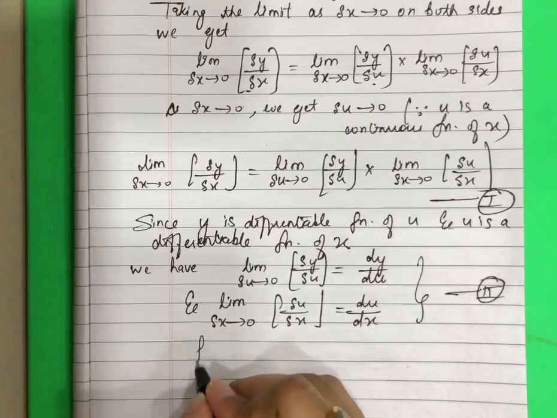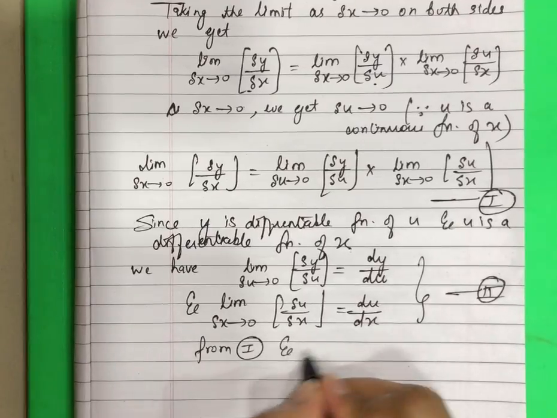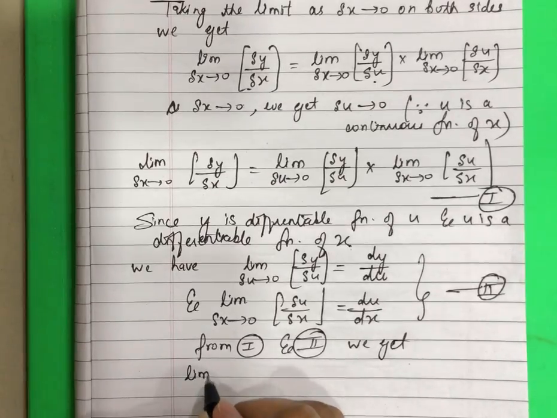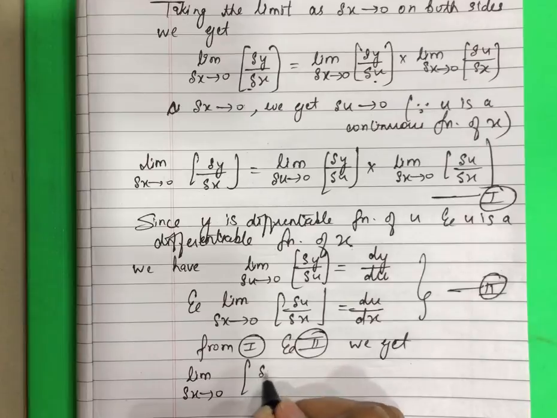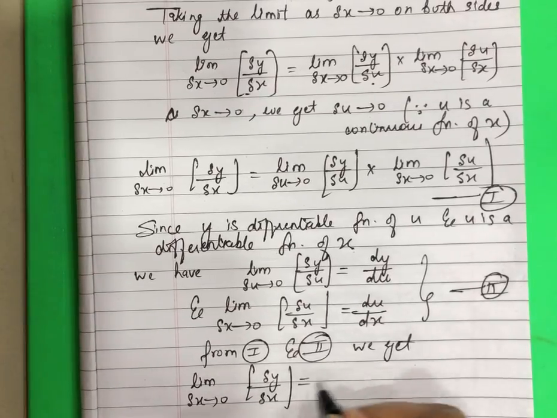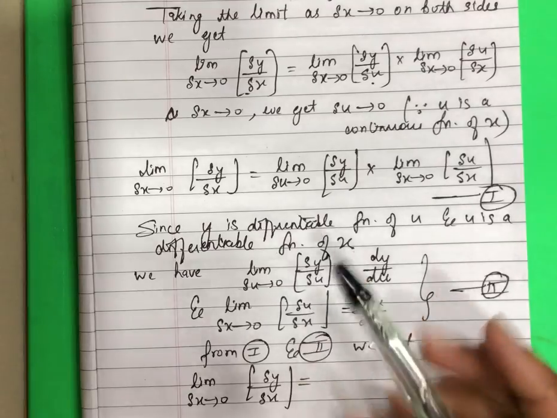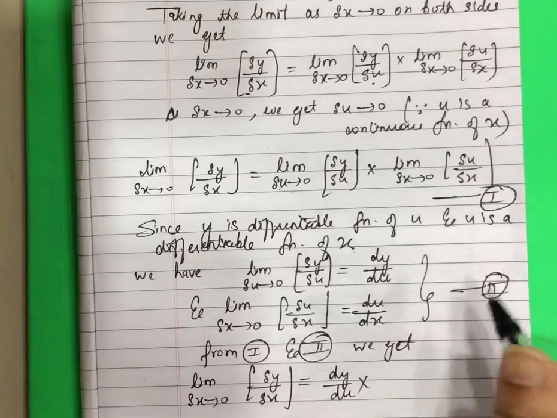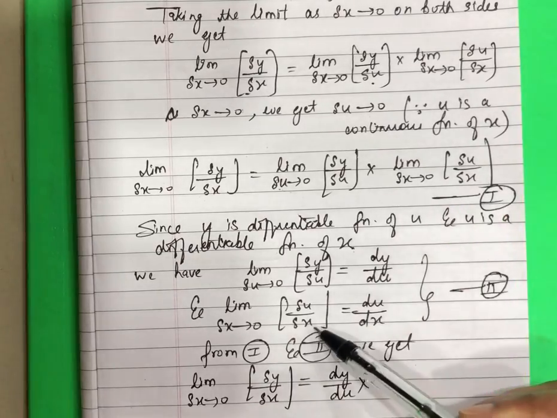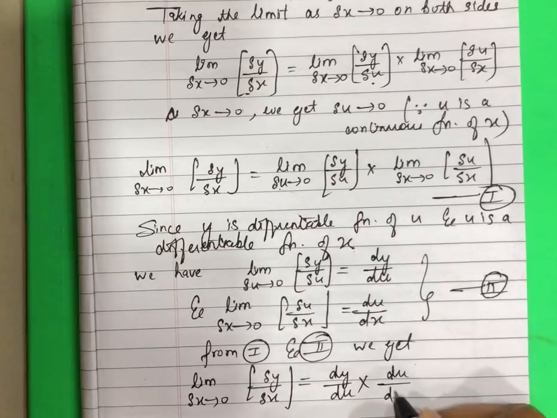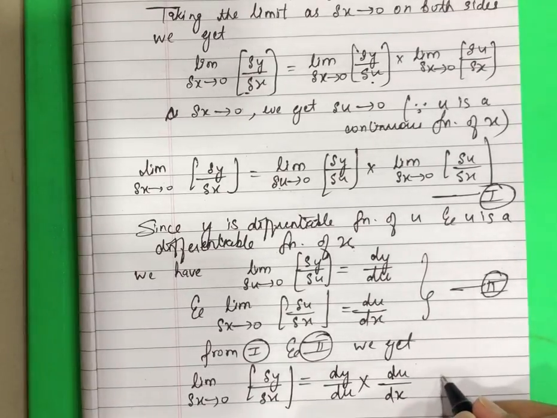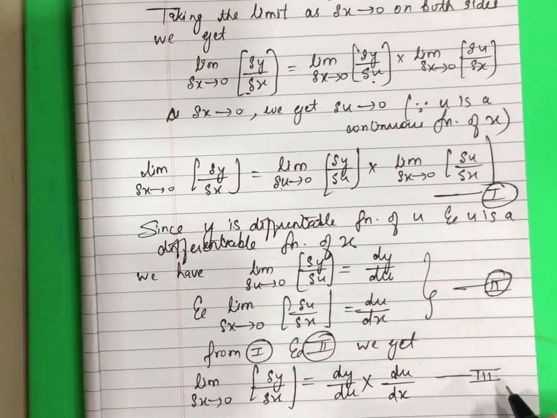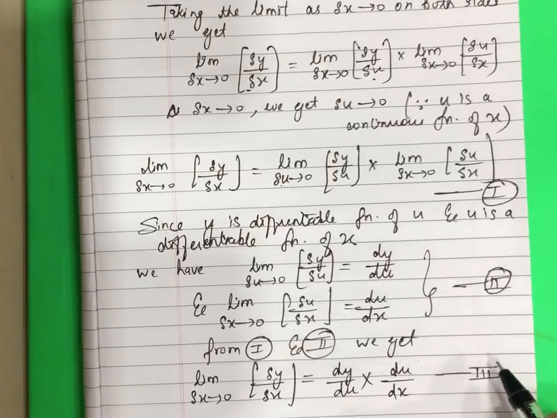So from first and second we get limit del x tends to 0 of del y upon del x is equal to dy by du in place of the first limit, and du by dx in place of limit del x tends to 0 of del u by del x. This we will mention as third equation.